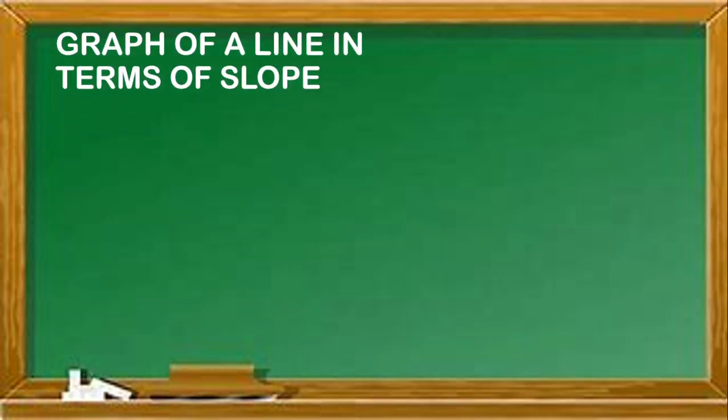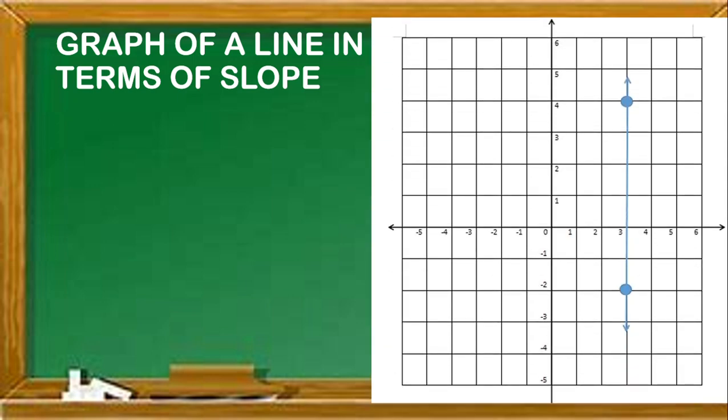Next, the graph of the line in terms of the slope. Another example, this one. So we'll count first the rise in determining the slope. So 1, 2, 3, 4, 5, 6.